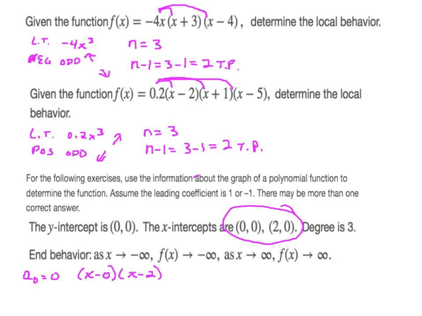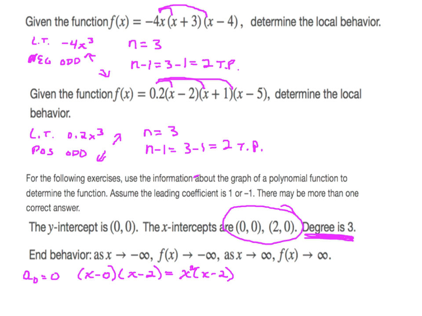Well, we wouldn't write x minus 0. We'd write x times x minus 2. This gives us a quadratic because x times x is x squared. However, we're told the degree is 3. So I need to add another x term there that would come out as a 0 when I apply the zero product property.